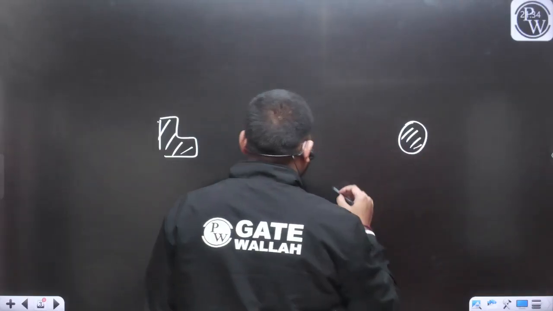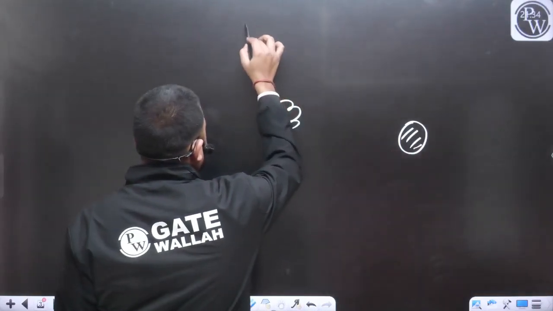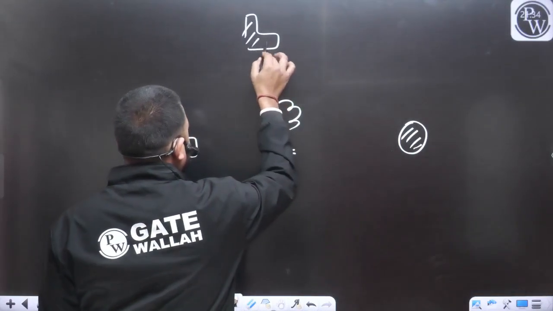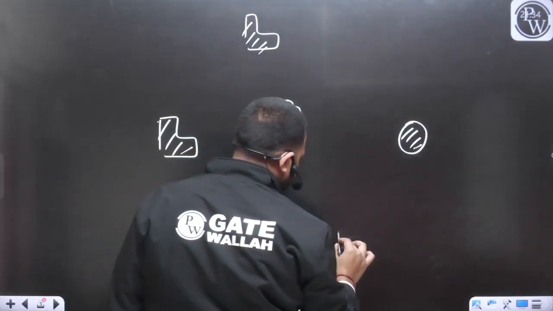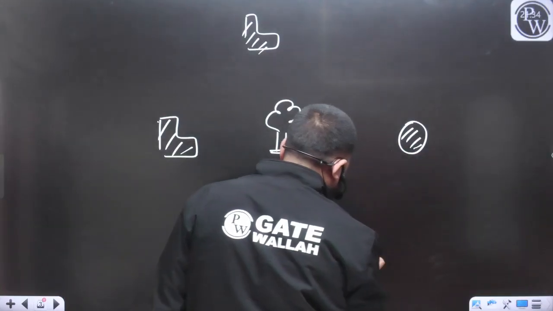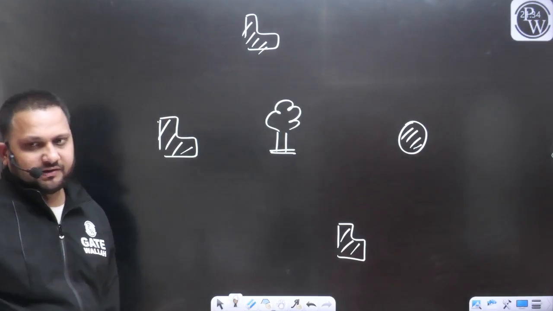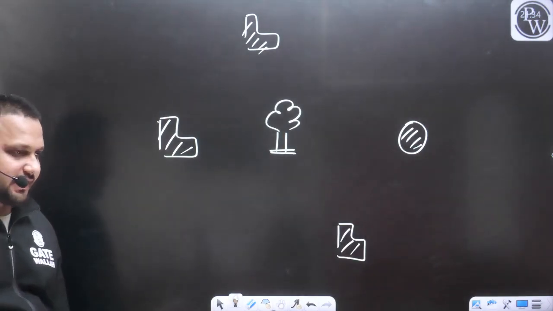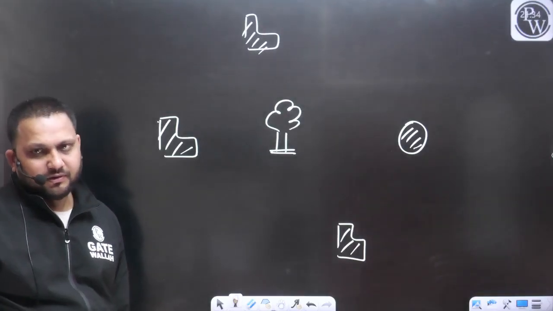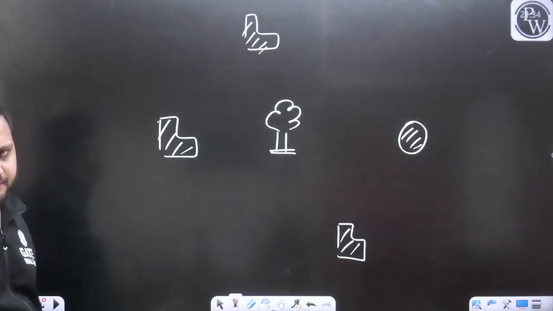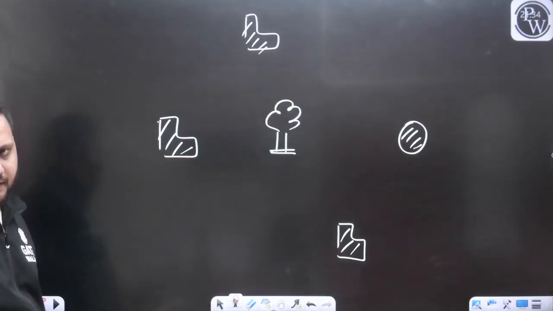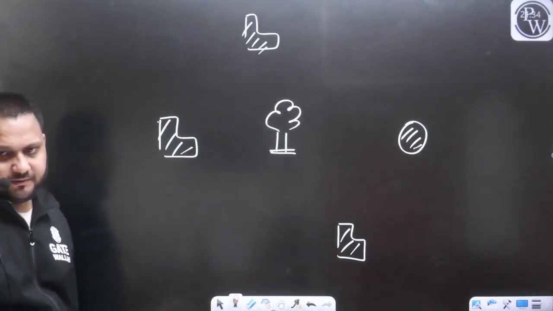One more building block is there, something like this. Now in this situation, if you want to collect the data and prepare the map, you can go for the traverse method.